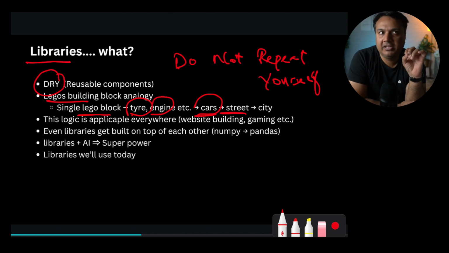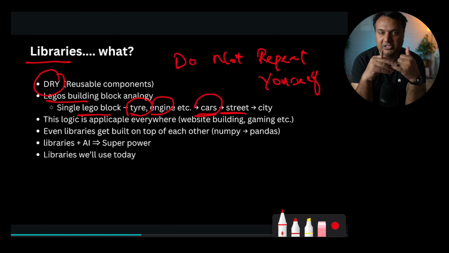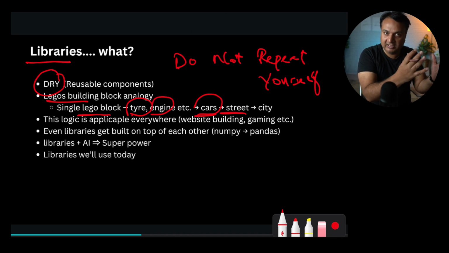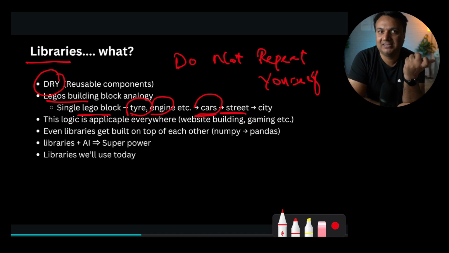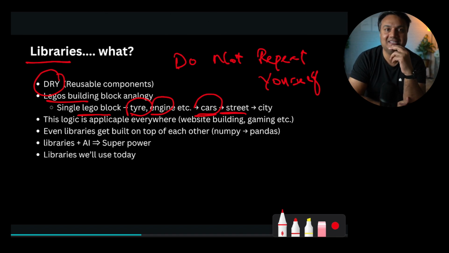Even if you are doing website design, there are different components which are very reusable. For example, there is a CMS, for example WordPress, where you can just host the content and manage that content. Once WordPress is designed, the next person doesn't have to again think about how to host the content and manage it.